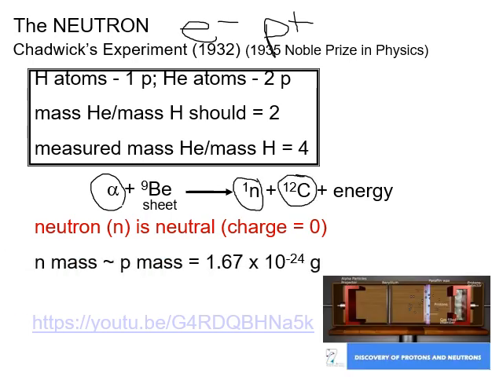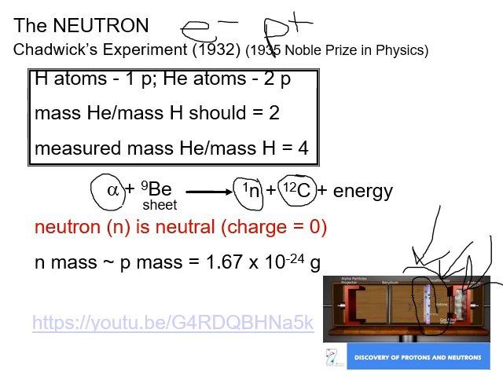If you remember, there's a picture down here of that experiment where those alpha particles came through and went through this wax. When they went through the wax, they changed into protons, and those protons could be detected. So anyway, that's how Chadwick determined the existence of the neutron.